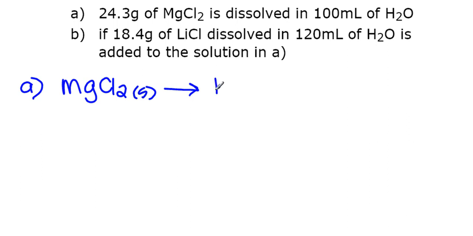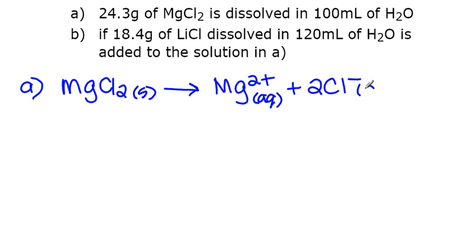So we get magnesium ions, and always make sure that you put your charge with it, 1 magnesium. And we've got chloride ions, but there are 2 of them. So 2 chloride ions. This question is not a reaction, it's just creating a solution. We're dissolving a solid in water.